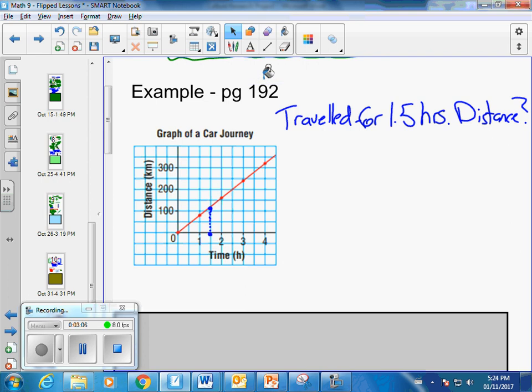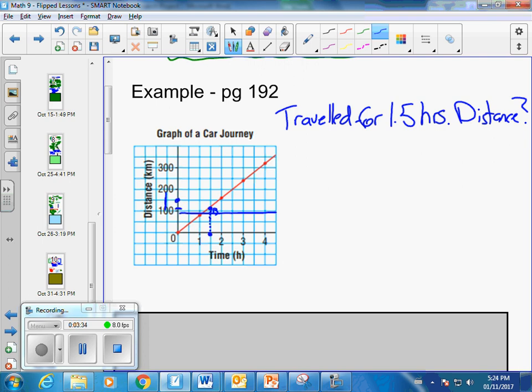All right, so I have to look, and I can tell already that if this blue line here is my 100 level, I know that this is a little bit above it. So what I'm basically going to be doing is taking an educated guess as to what that value is. I know that that is 150 because it's equal distance in between 100 and 200, which is 150.